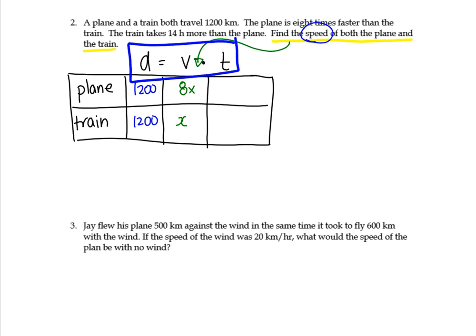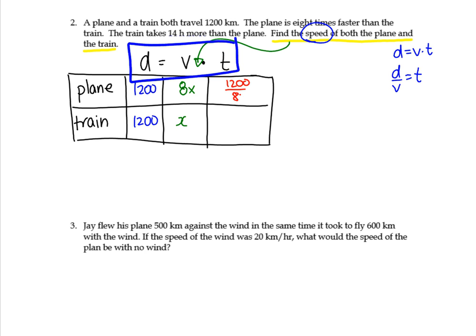So we want to relate this time with its distance and its speed. So what is the formula for time? Distance divided by speed. So we want to use that formula for it to fill in the last box always. Okay? So distance divided by speed. How would I write the plane's?